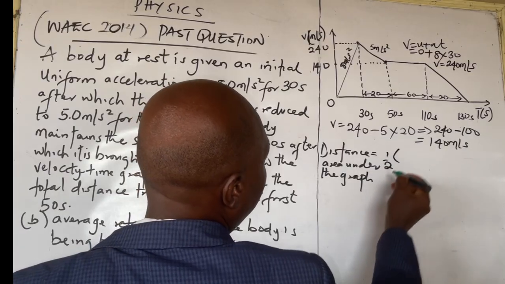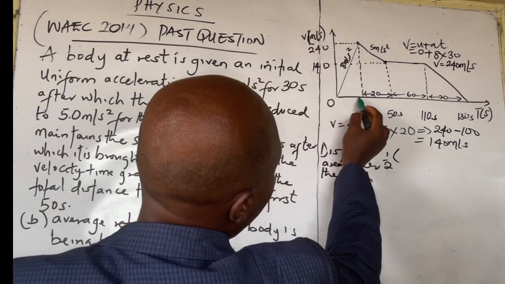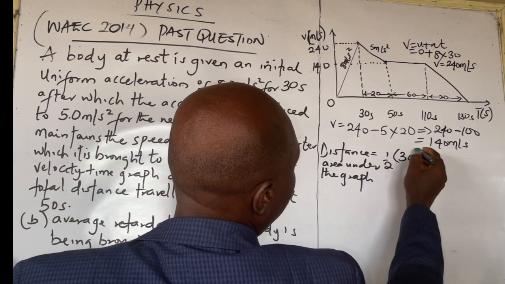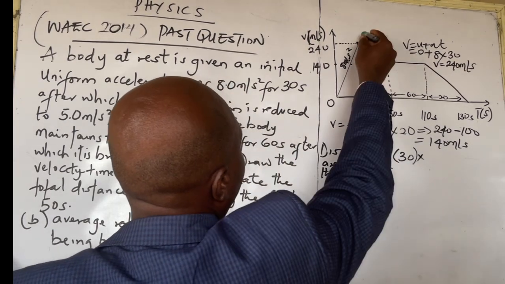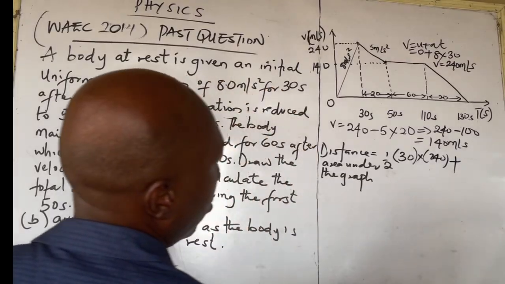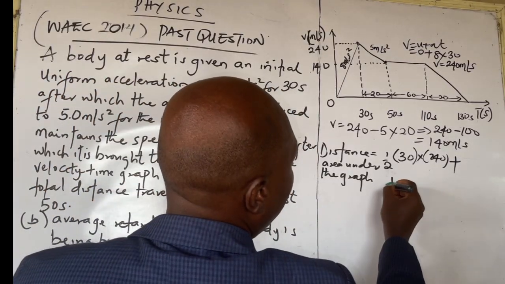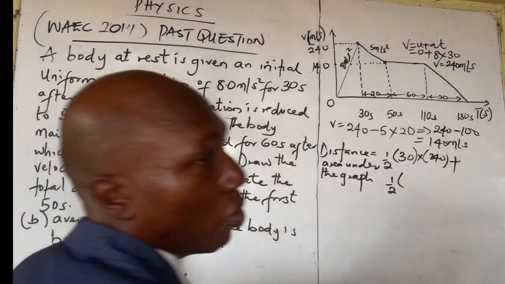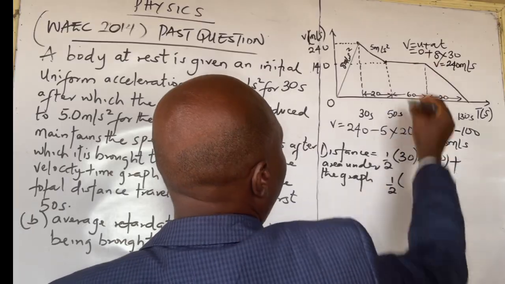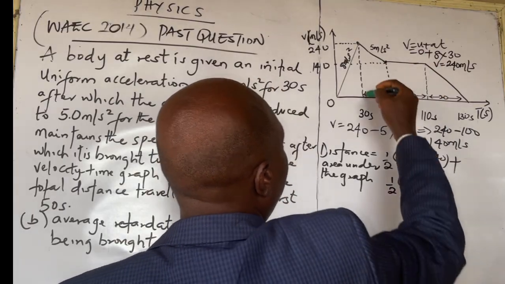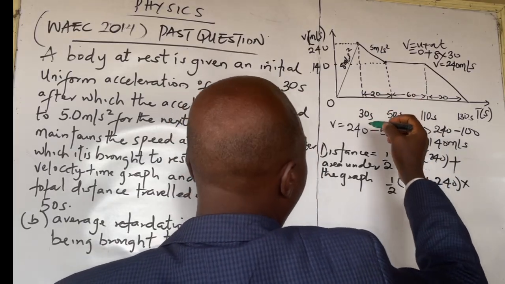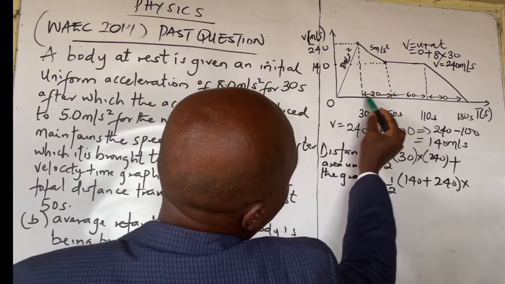Area of triangle is half base times height. So the base of this triangle is 30, plus half base times height, the height is 240, plus half area of trapezium, half into bracket A plus B times H. That means A here is 140, B here is 240, and our height is 20.